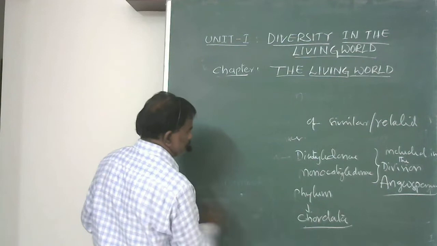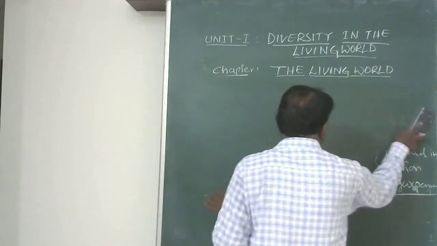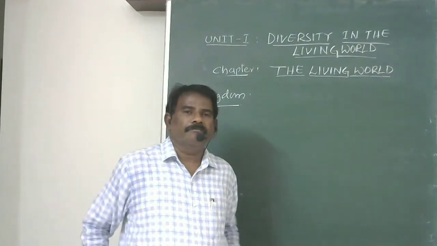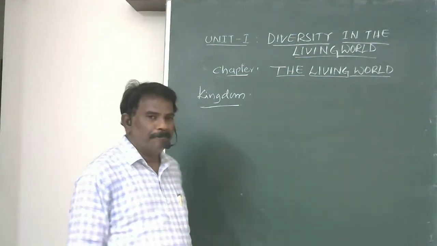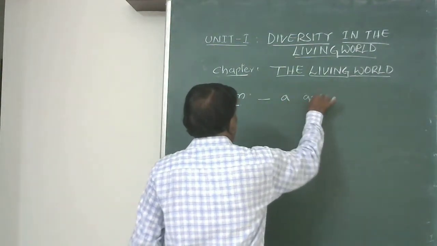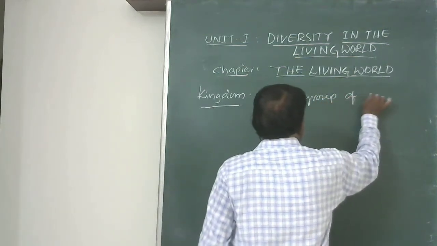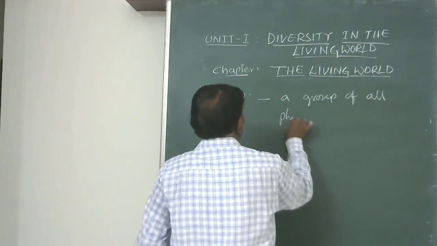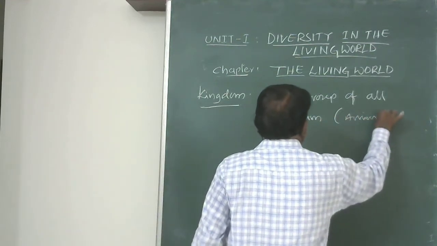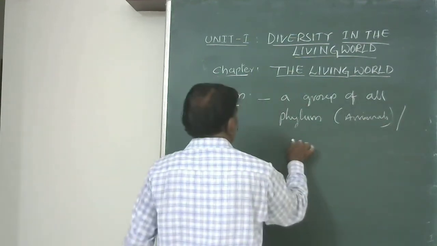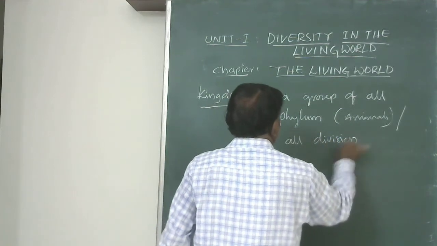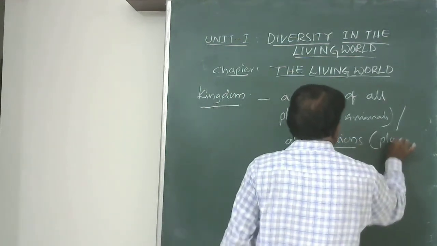The next taxonomic category is kingdom. Kingdom means a group of phyla in animals, or a group of divisions in plants.